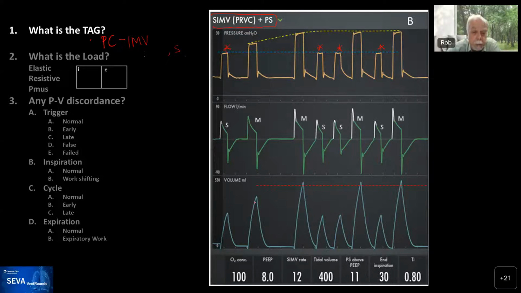And that indicates that the ventilator is adjusting the inspiratory pressure target according to the adaptive targeting scheme, which again is what PRVC means.